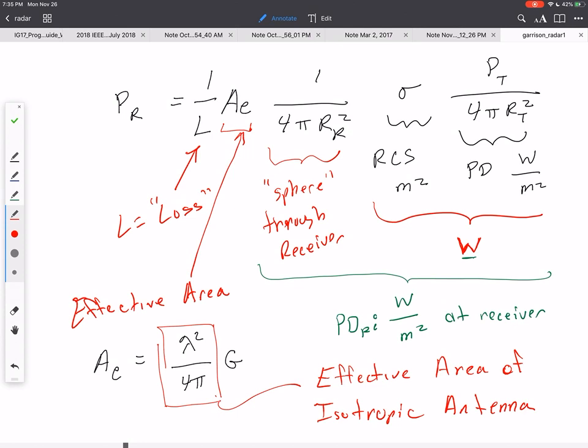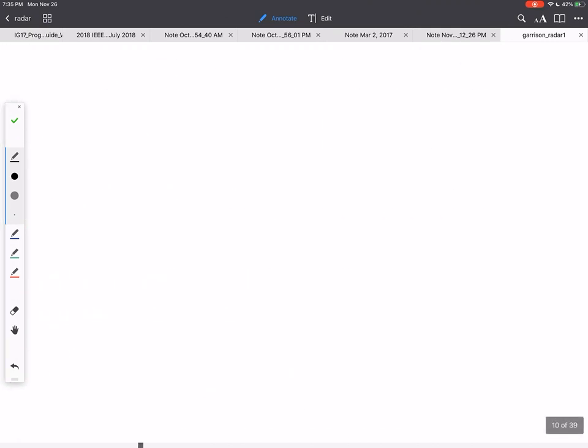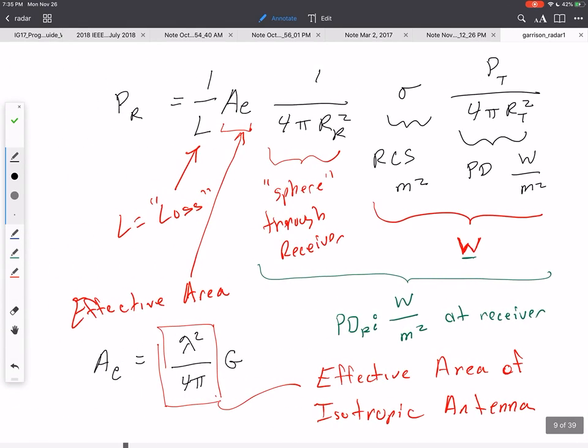Okay, so let's plug all that in and rewrite this radar equation from beginning to end. So on the left-hand side, received power, and in the numerator, I'm going to have wavelength squared, receiving gain.